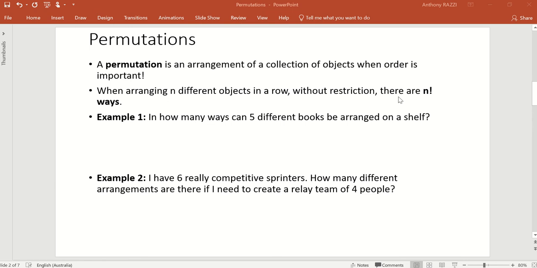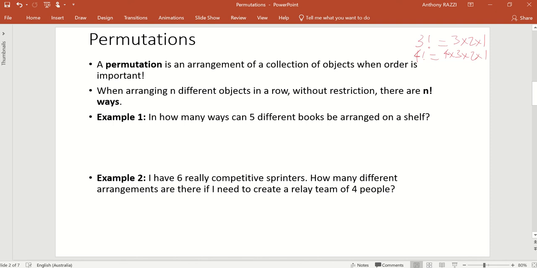However, what I want you to know is if there are n different objects, then there are n factorial different ways. From last lesson, you should know what a factorial is. 3 factorial is equal to 3 times 2 times 1. 4 factorial is 4 times 3 times 2 times 1, etc., etc.